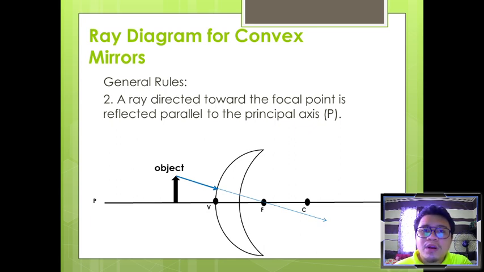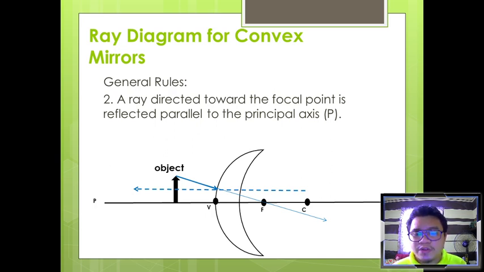Now, what are we going to do right now? Go straight towards the point where the light rays struck the mirror. That's the point where we start reflecting our rays parallel to the principal axis.